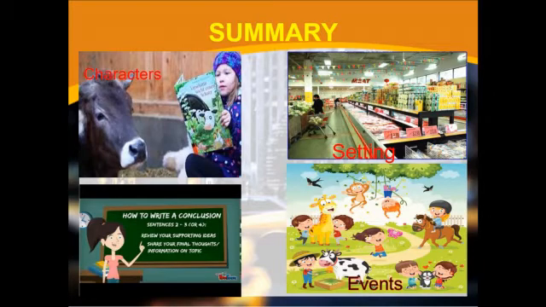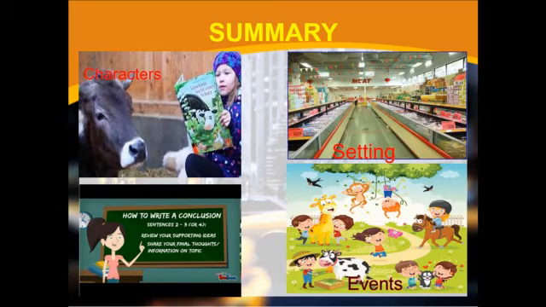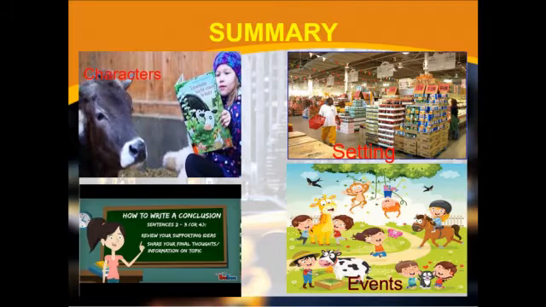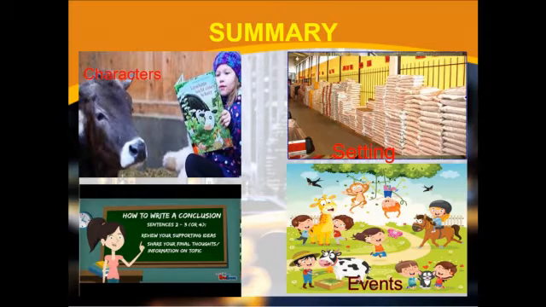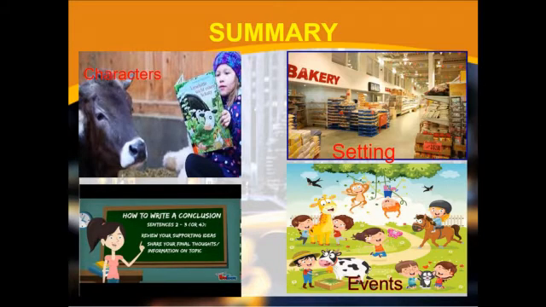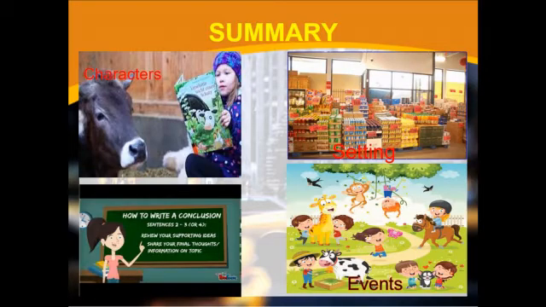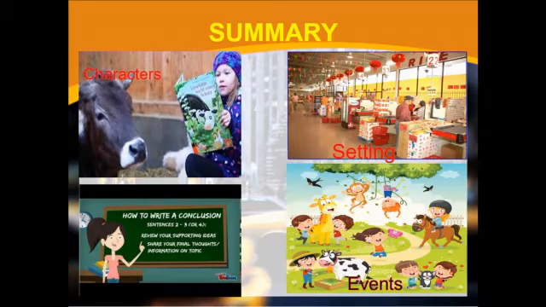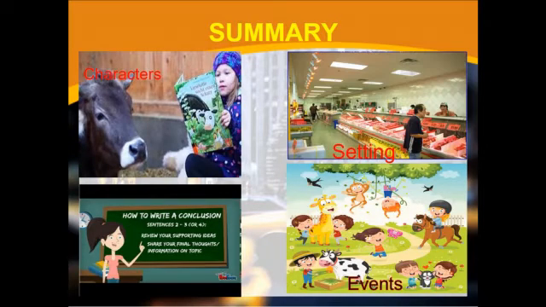So these are characters in a story. You give them your preferable names. Animals and people in a story are the characters. The setting is the specific place where the story or the narration takes place. That means it can be either the place or the time when or where the events occurred.